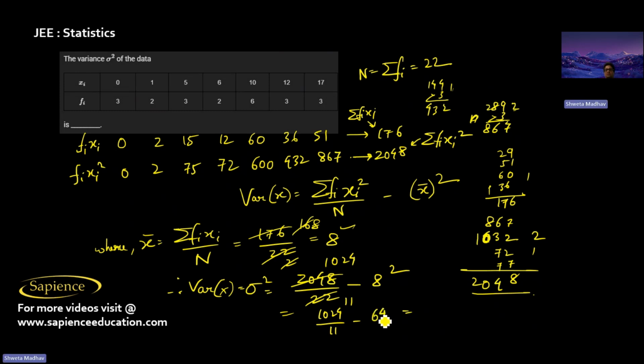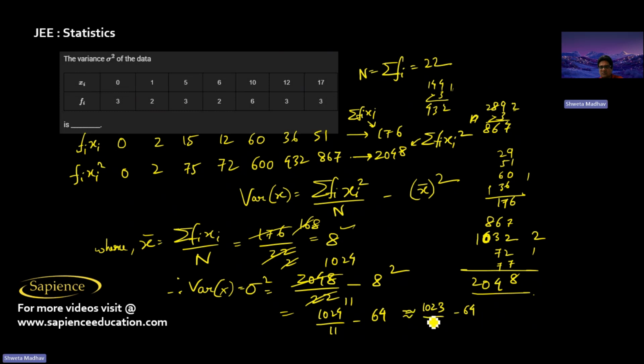So this will be equal to 1044 by 11. So we can approximately take it as 1023 by 11 minus 64.